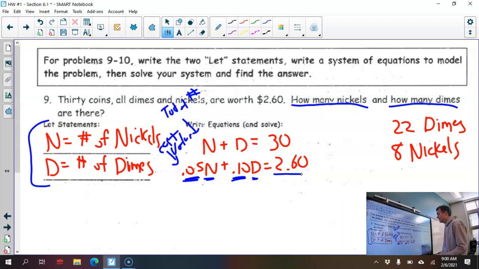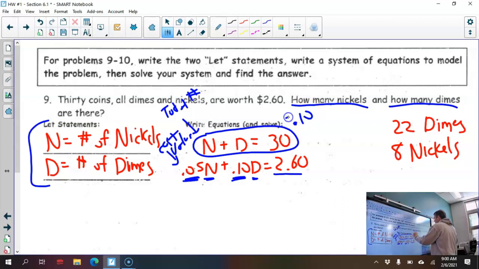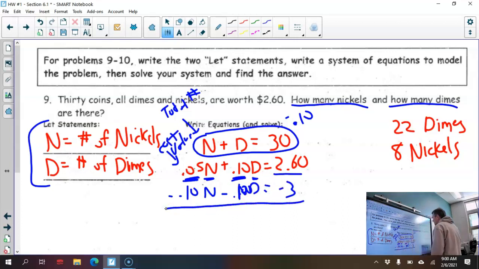If I were solving this, I would solve it by the elimination method. I would take this equation and multiply it times negative 0.10. That gives me negative 0.10n, negative 0.10d, oops, and negative 3. And then when I add these together, I get negative 0.05n equals negative 0.40.